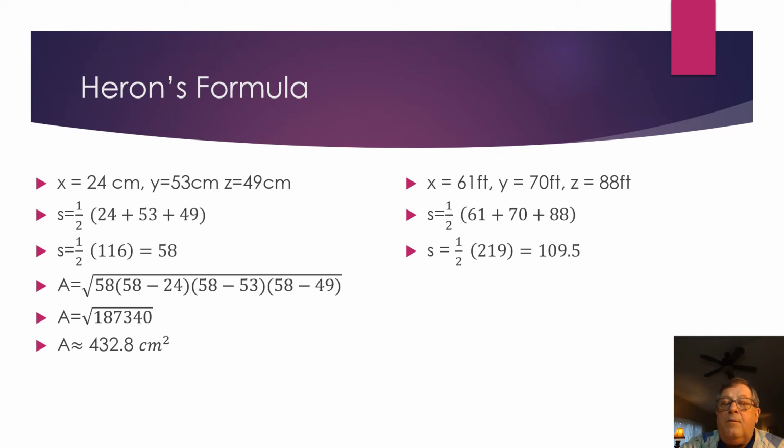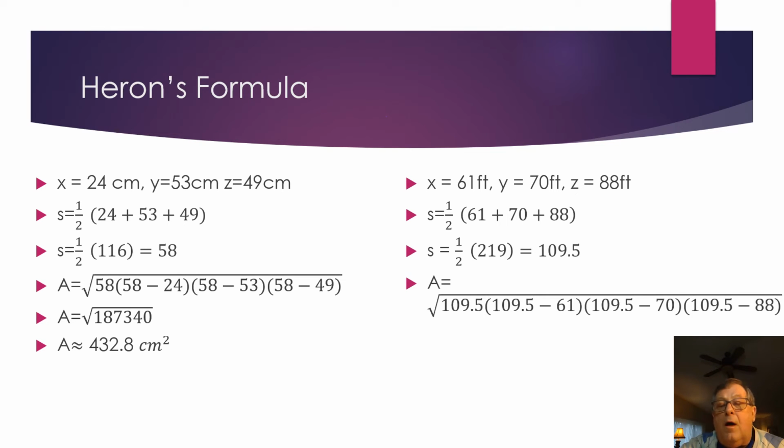Which then equals 109.5. And then to find the area, we're going to take the square root of 109.5 times 109.5 minus 61, our first side measure, times 109.5 minus 70, our second side measure, times 109.5 minus 88, our third side measure.